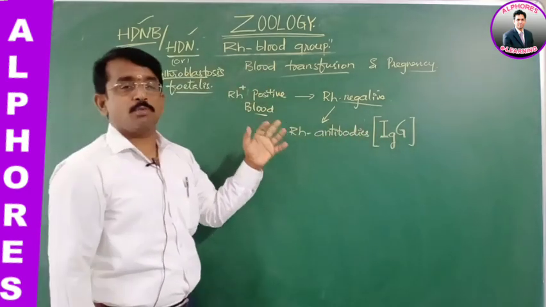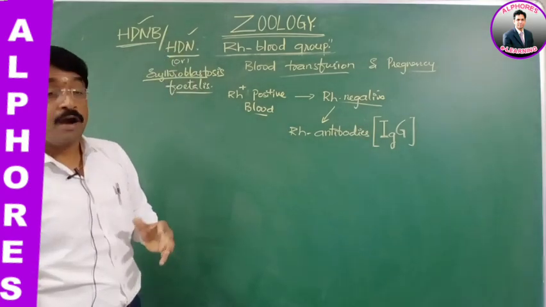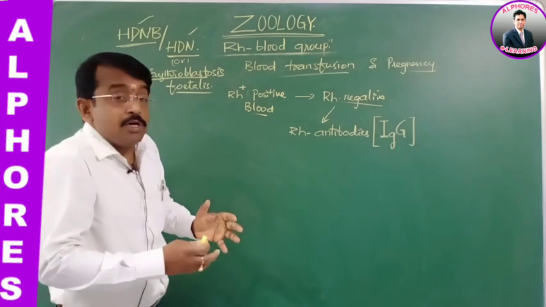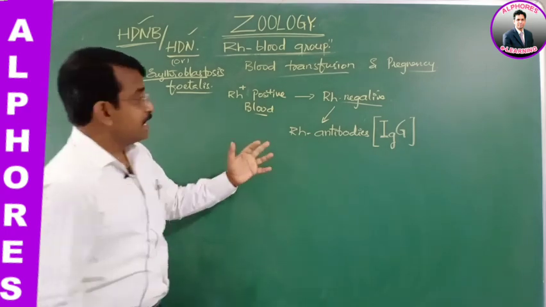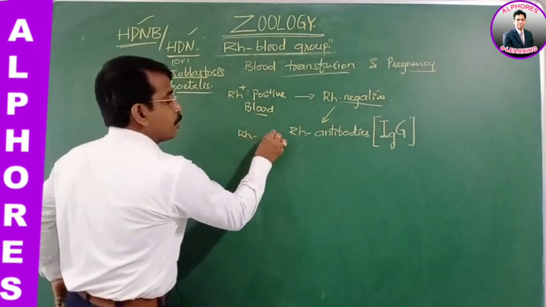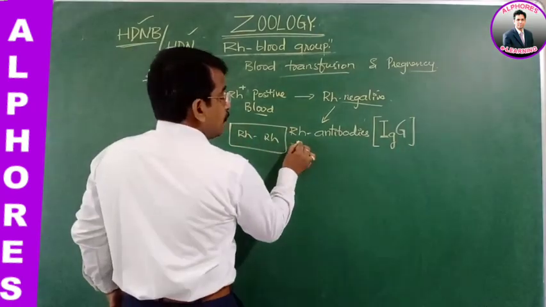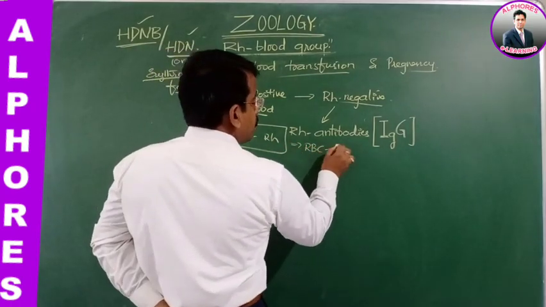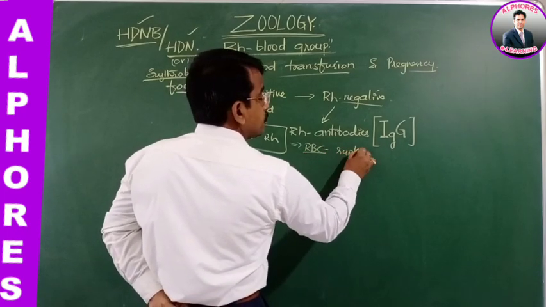The Rh antibodies, which are smaller, come under IgG type, and they go on being produced. The Rh antigen and Rh antibodies react, resulting in clumping, and the red blood corpuscles are ruptured.